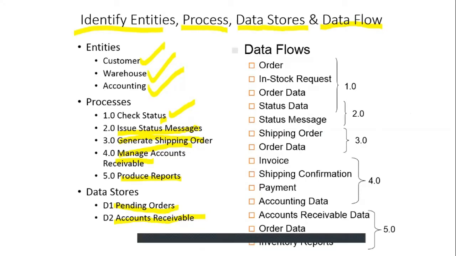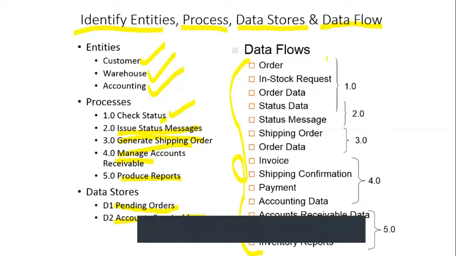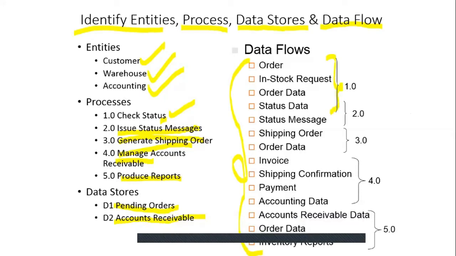There are several data flows and they are listed over here. These data flows are grouped into five groups. This group of data corresponds to process 1.0, which is the process of checking status. This group corresponds to the second process, process 2.0, which is issuing status message.